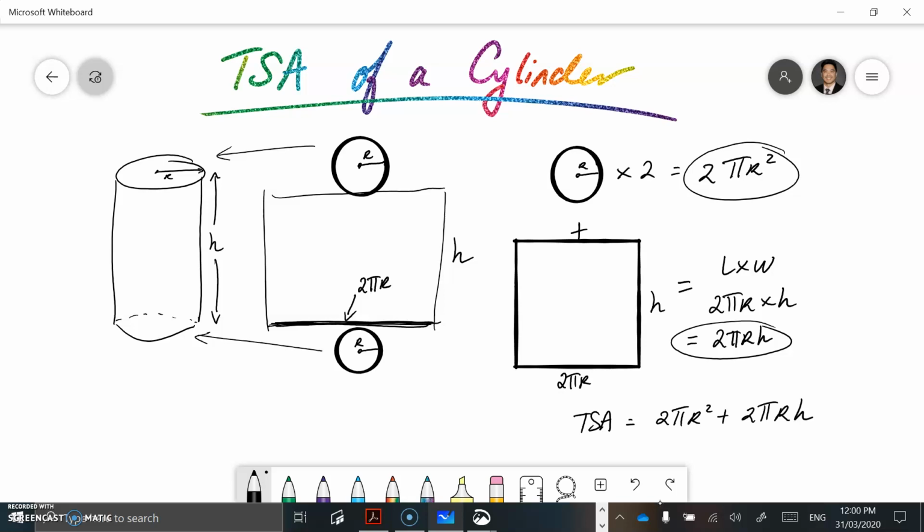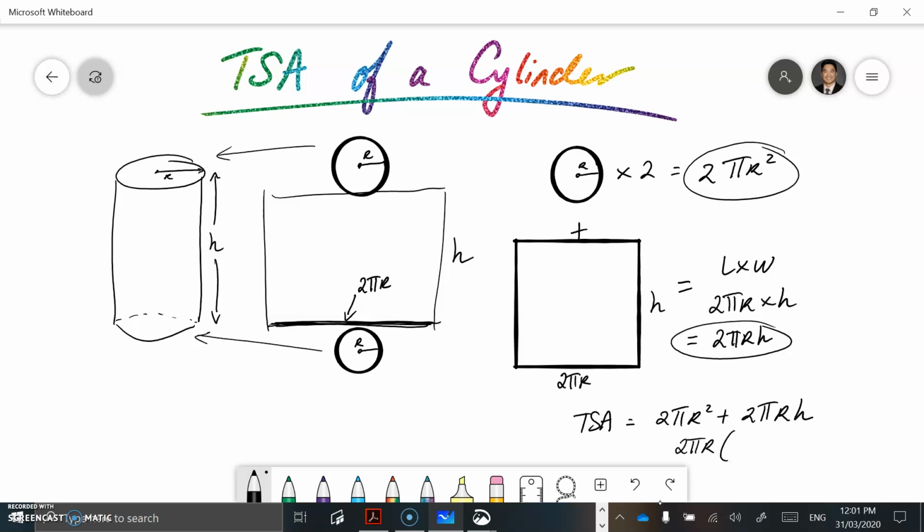Now, in simple terms, we can see that there are two terms in this formula. We can keep it as this, that's completely fine, but we could actually simplify it because these two terms have some factors in common, and that factor in common is 2 pi r.